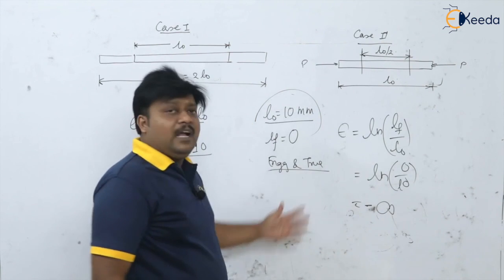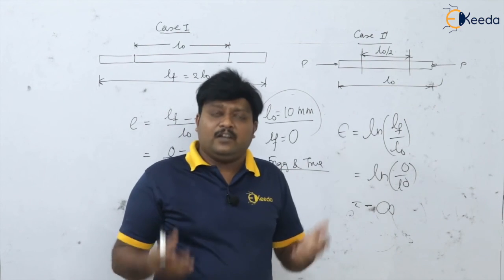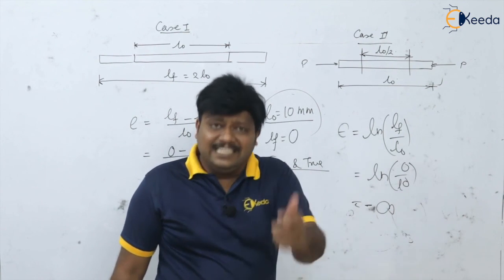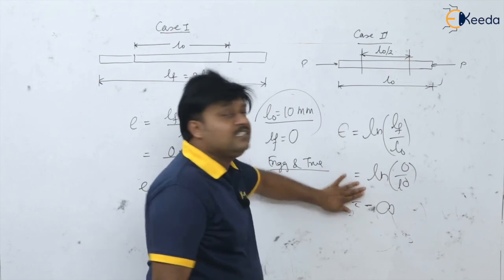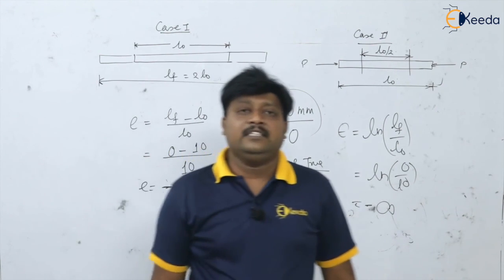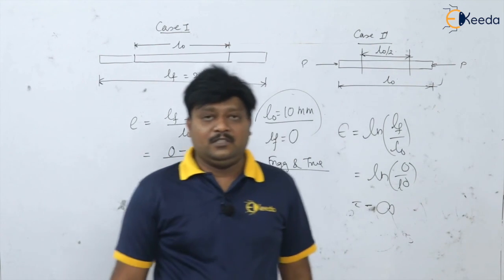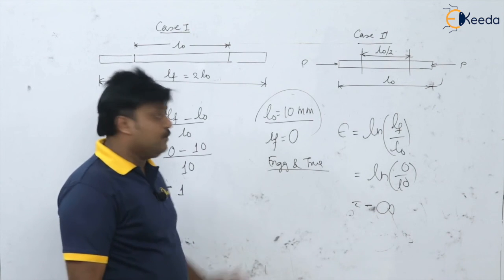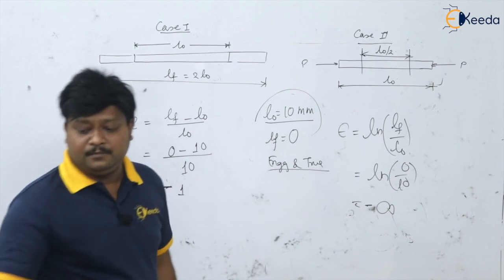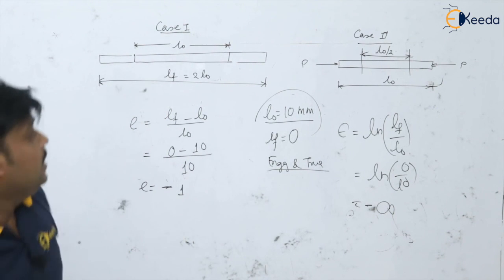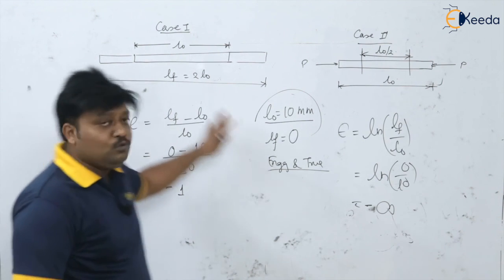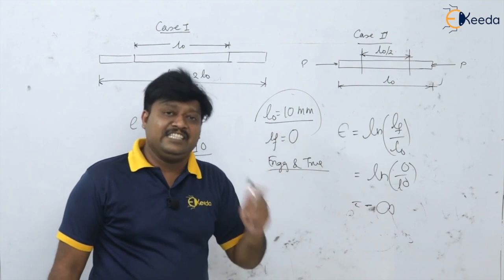And of course, if we really want to reach towards reality, then we have to follow this true strain, not the engineering strain, dear students. Please remember this. So that is the difference. We have to keep in mind this true strain and engineering strain.